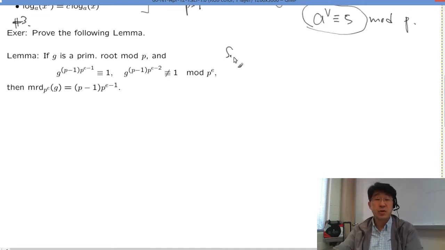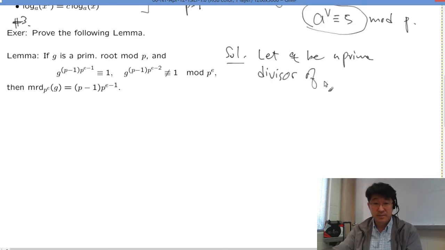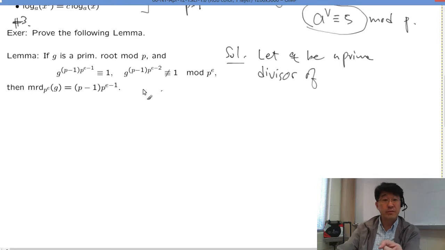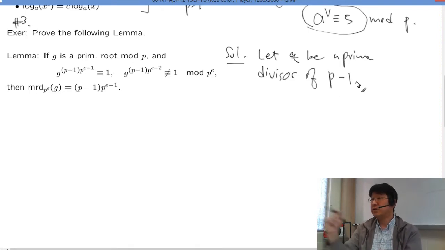So what you have to take care of is this: let q be a prime divisor of what? We took care of the p to the e part, right? There's a lot of primes probably involved in here, right? So it should be a prime divisor of p minus 1. How about that? Is that right?